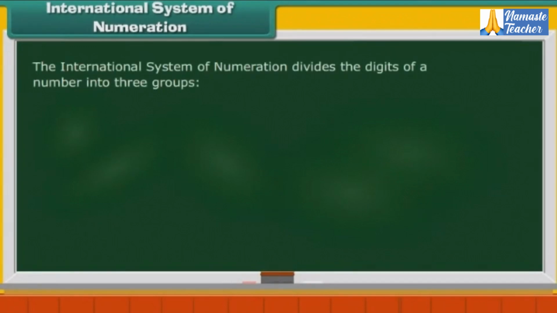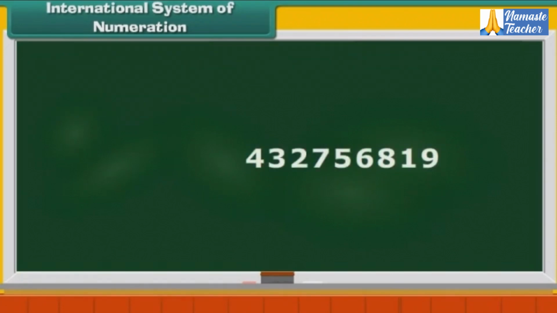The International System of Numeration divides the digits of a number into 3 groups: ones, thousands, and millions. Let us see how. Consider the number 432756819. We count 3 digits from the right and place a comma before 8.